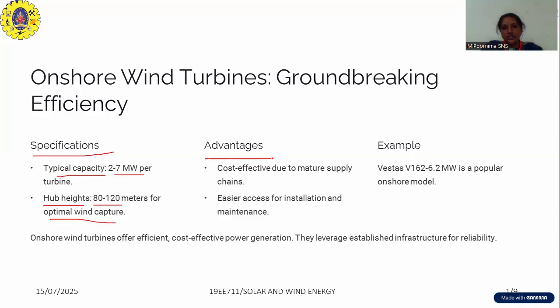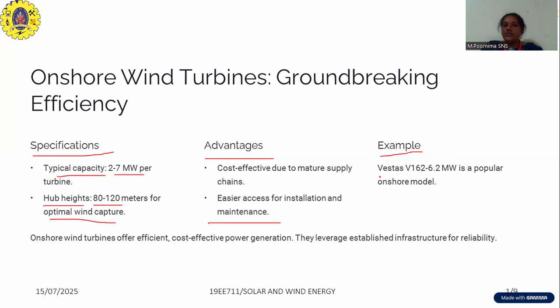The advantage of this is that it is cost effective due to mature supply chains, and it offers easier access for installation and maintenance. This is the main advantage of onshore wind turbines.